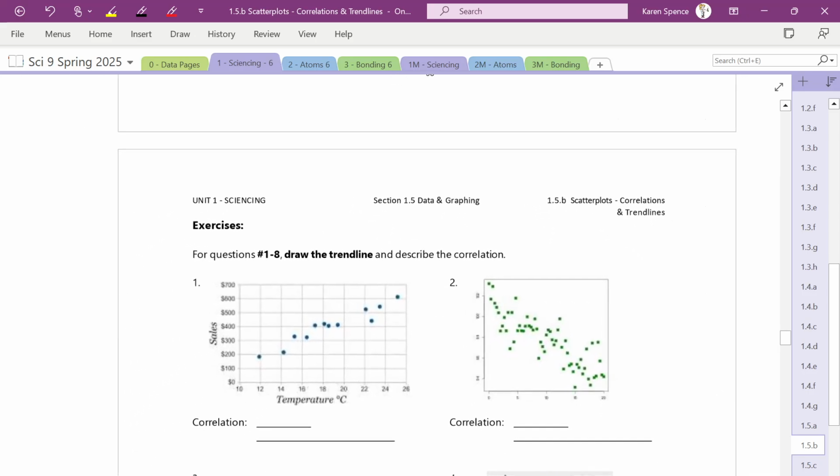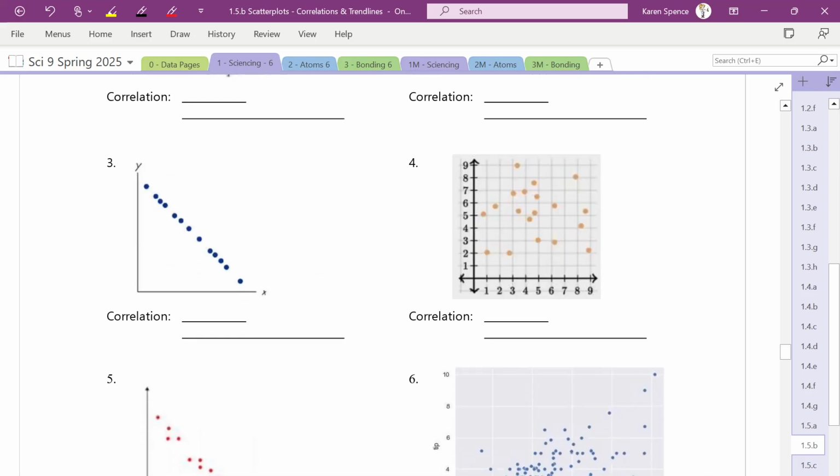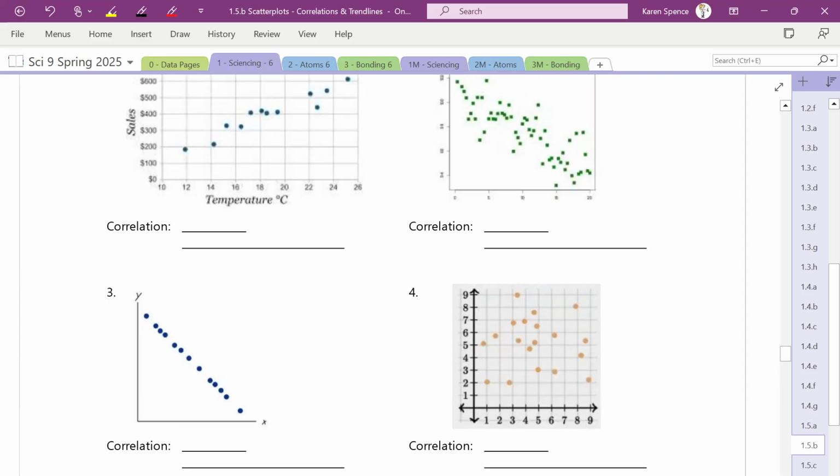Okay, we've got a few little exercises for you to do here. So why don't you try to draw the trend line and describe the correlation for numbers 1 through 8. Okay?